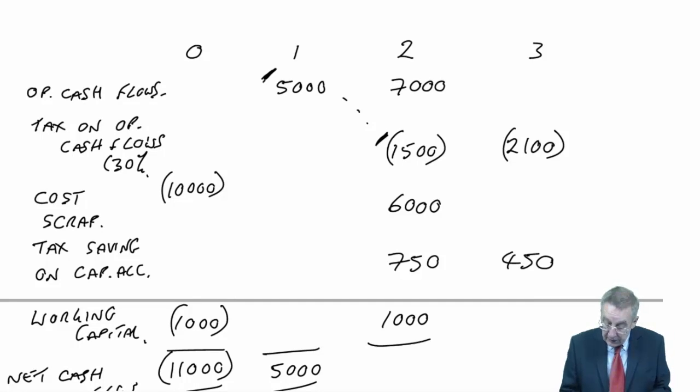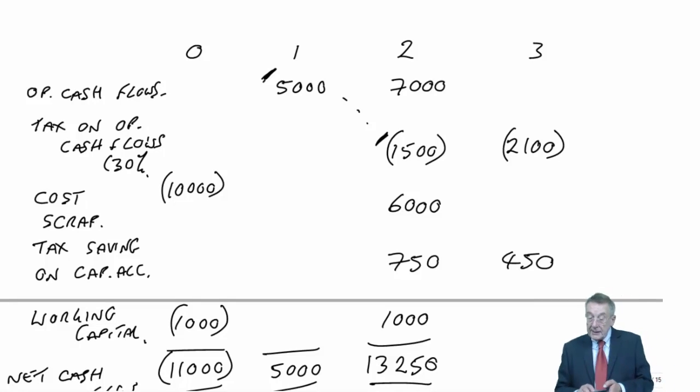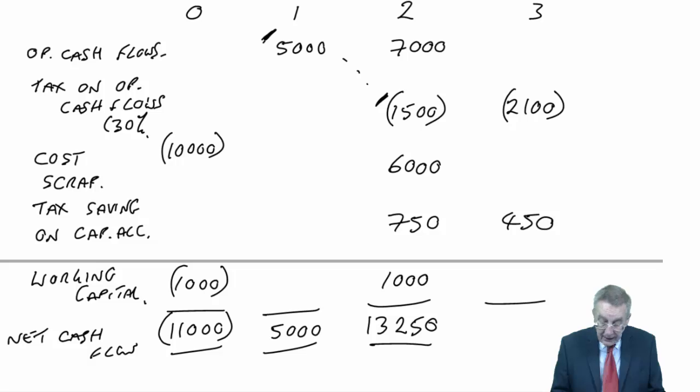I think a net inflow of 13,250. And finally at time 3, a net outflow of 1,650.